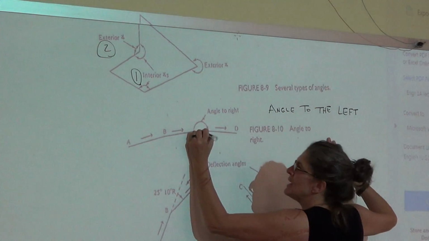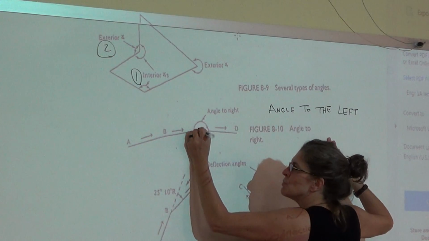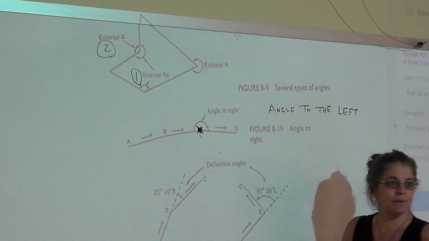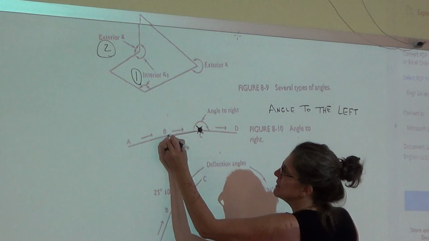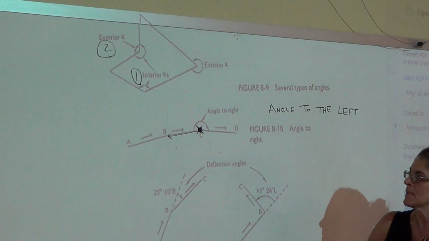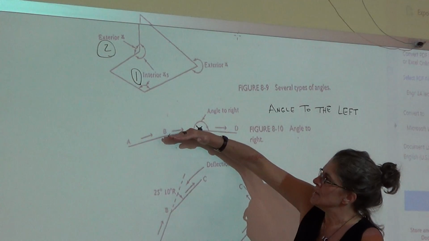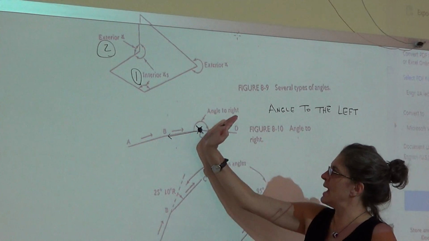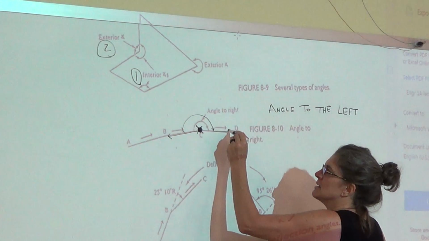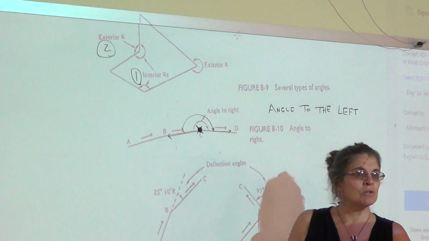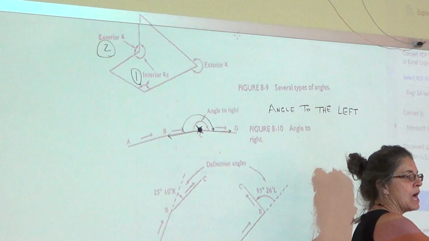So what happens? Right here at C is where I have my equipment set up. And I sight B. And then I turn my equipment, and then I sight D. I'm turning to the right. We might say we're going clockwise, right?